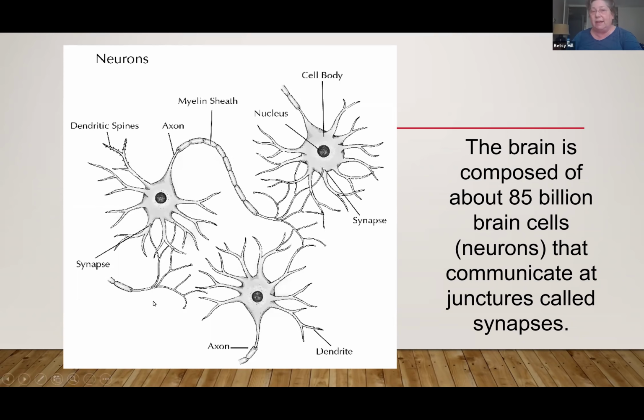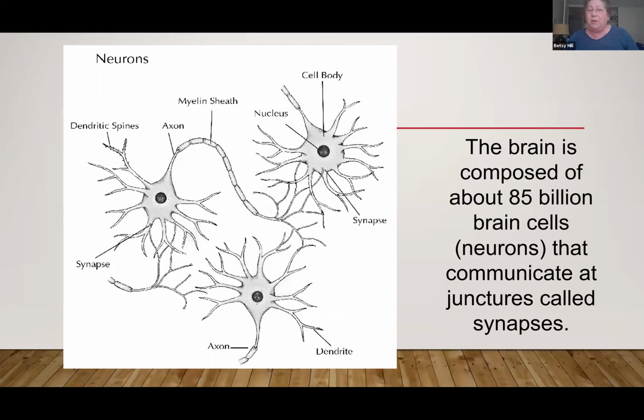And then each neuron has a whole bunch of things that point out from it, like branches, called dendrites. And the dendrites are the receiving part. So neurons can be getting messages from all different connecting neurons in that network. And some are hyping up the signal and some are tamping down the signal, but it's a really busy place.